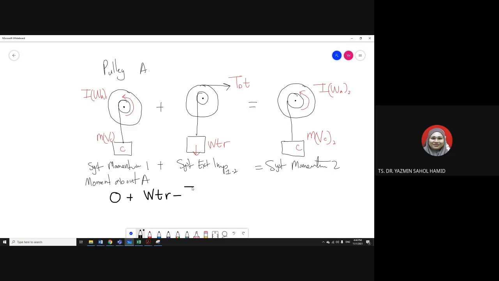So it will be T D T R equals I omega A plus M V R.